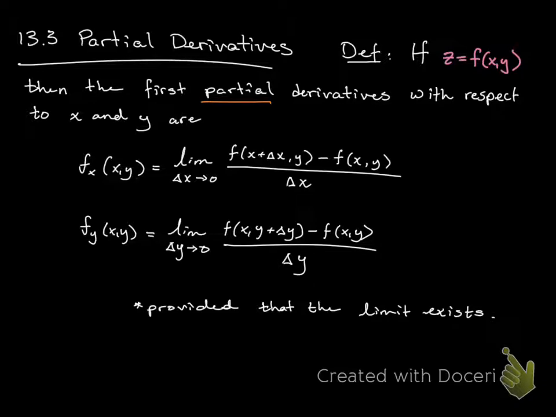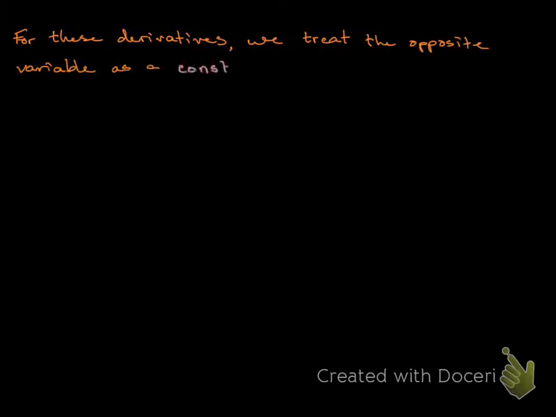Okay, so I want to look at some examples here, but first, when we take these partials in practice, we're not going to look at the limit definition every time. What we do for these partial derivatives is treat the opposite variable as a constant.